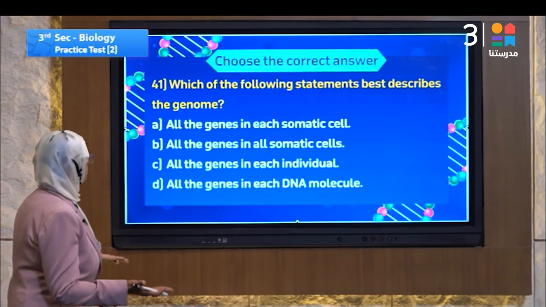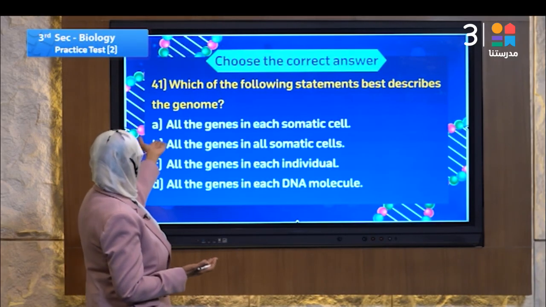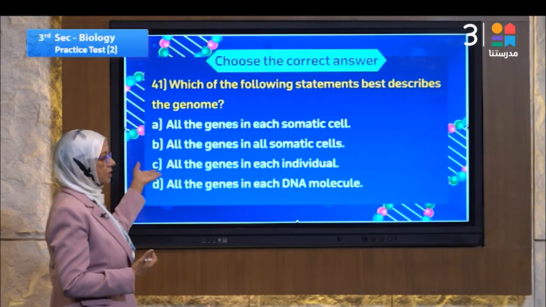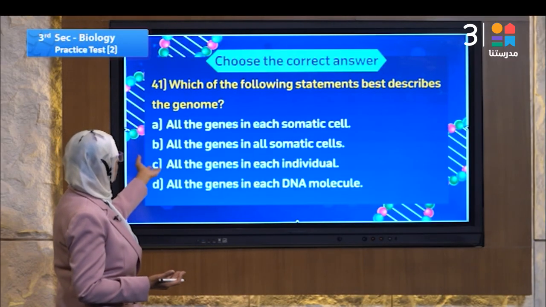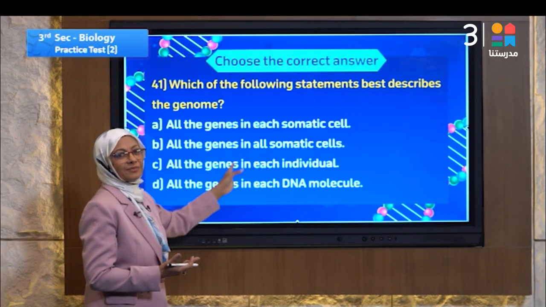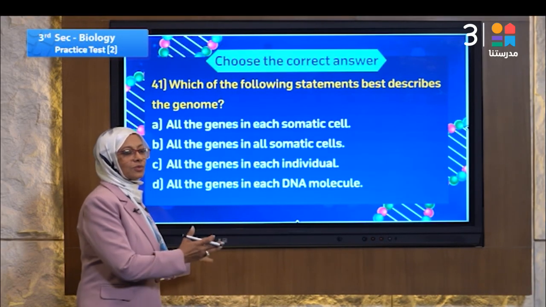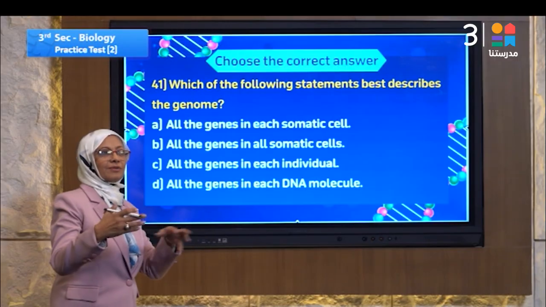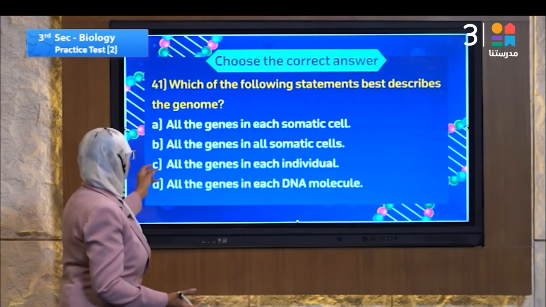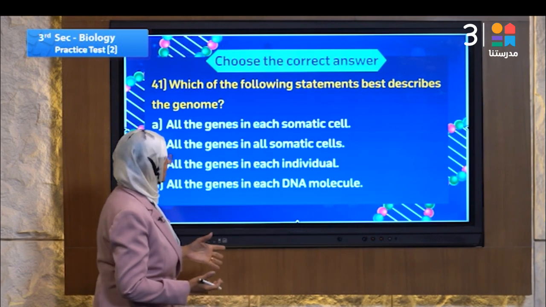Let's go to the choices. A, all the genes in each somatic cell. All the genes in all somatic cells? No, that means 46 chromosomes multiplied by millions of cells. All the genes in each individual?